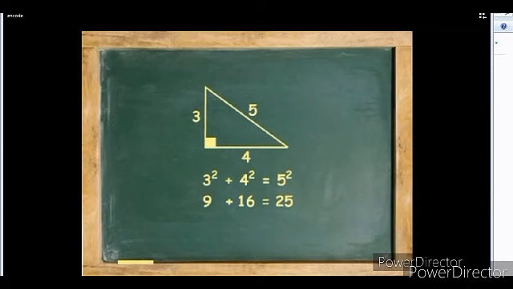Now you discover that if we have 3 square opposite plus 4 square adjacent, 3 square is 9 and 4 square is 16. 9 plus 16 is 25. The square root of 25 is 5. So that gives us a summary of what Pythagoras theorem looks like.